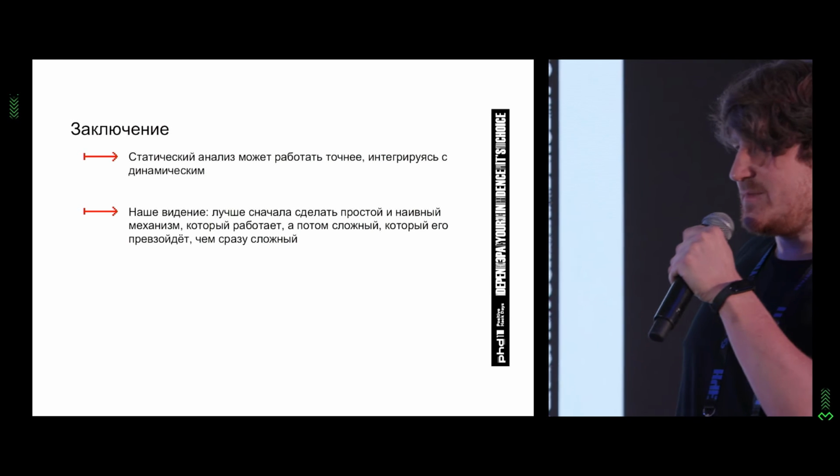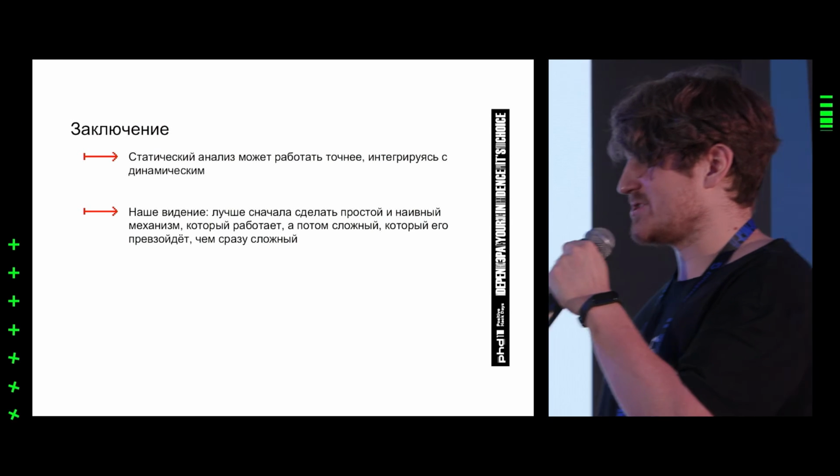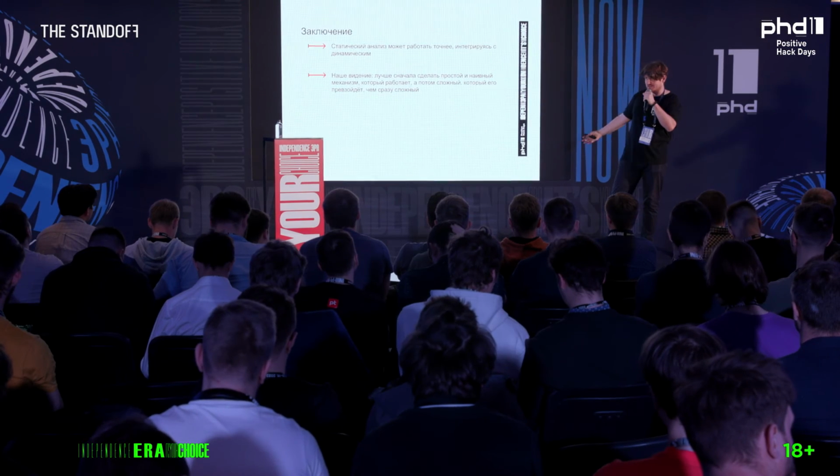To conclude, static analysis can be more accurate when you combine it with dynamic analysis, and a lot of articles mention it as well. Another point, I mentioned that our algorithm is not validated, it's not super scientifically correct. But our vision is this.